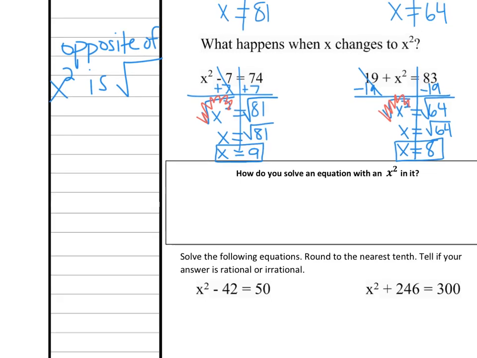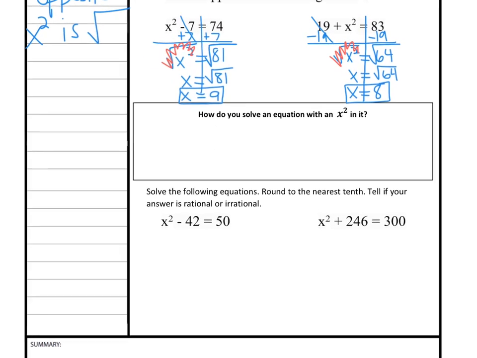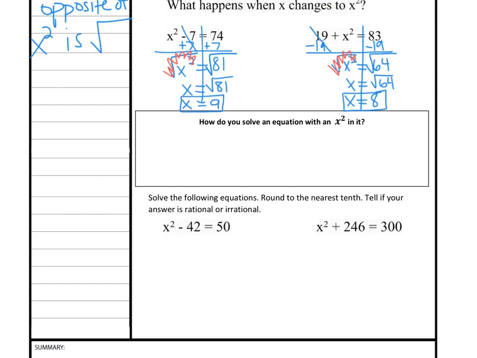So to kind of summarize, our box says, how do you solve an equation with an x squared in it? Well, I would say that the first thing we do is add or subtract, like normal, on both sides, just like we were used to.